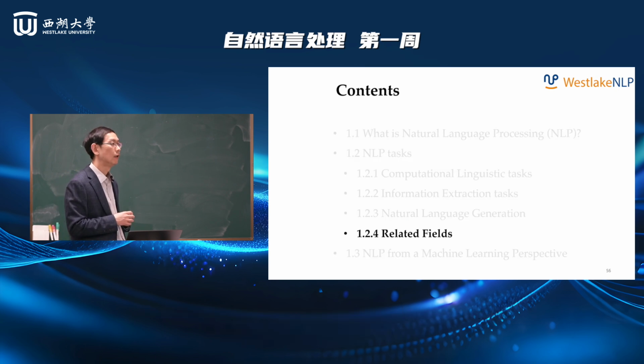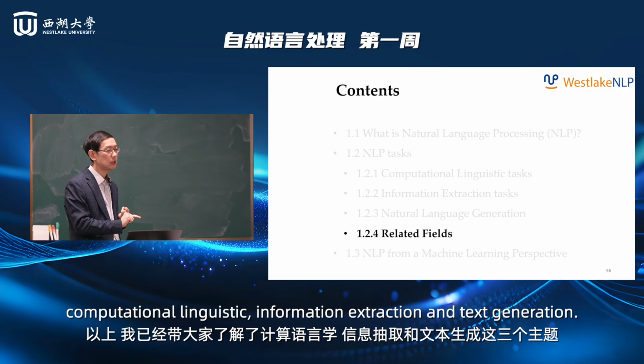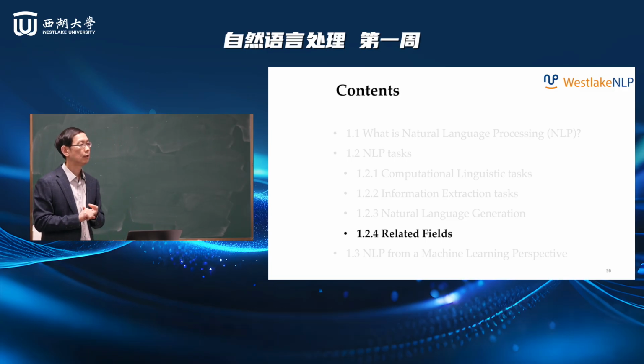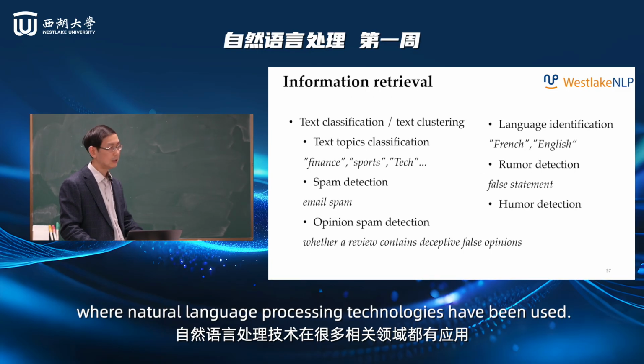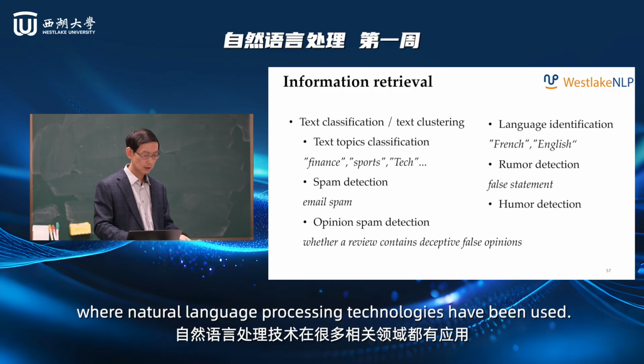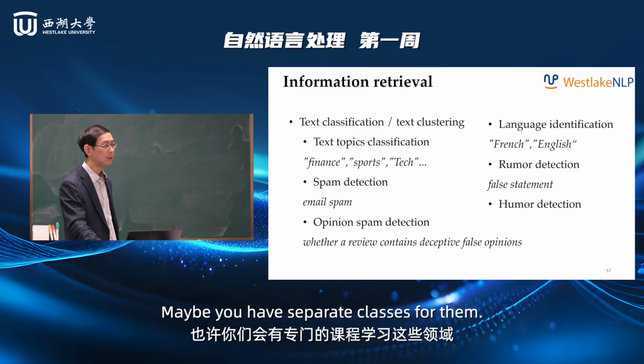Okay, so I took you through 3 topics: computational linguistics, information extraction, and text generation. There are a lot of related fields also where natural language processing technologies have been used. So I tell you a few. Maybe you have separate classes for them.